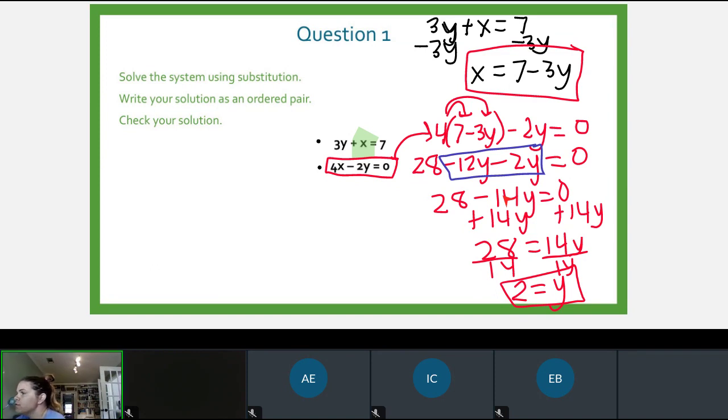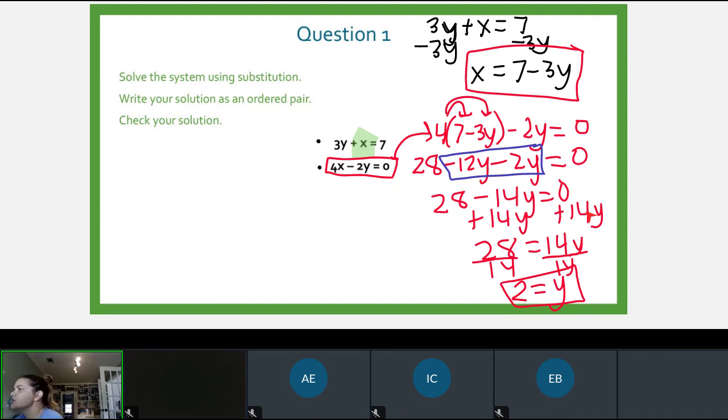Then I moved that negative over to the other side because I want to get y by itself. So I added 14y, so now I'm dealing with positive numbers. So I had 28 equals 14y. Again, I want y by itself, so I'm going to divide by 14. And then I get y equals 2.